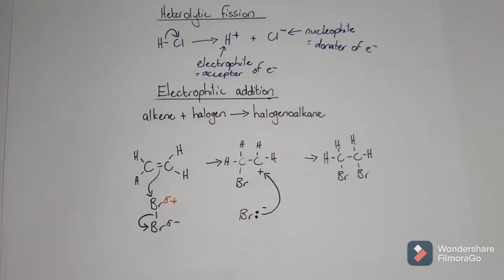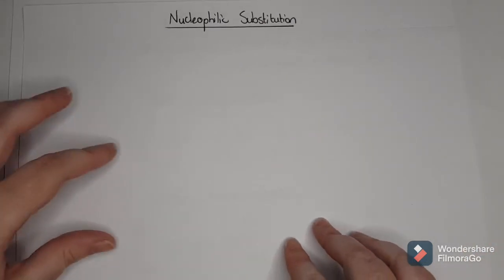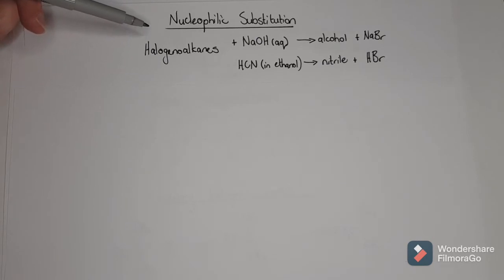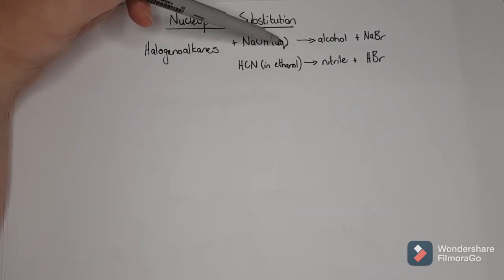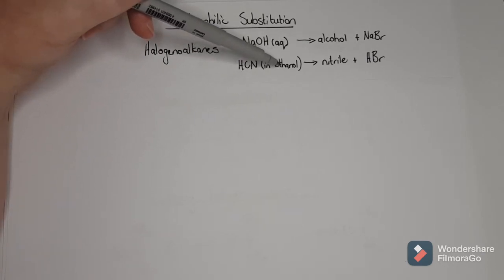The other heterolytic fission mechanisms we have is we can have nucleophilic substitution. So now substitution means I'm swapping one thing for another, and it follows our nucleophilic mechanism. So our examples of that is we will have halogen alkanes either with sodium hydroxide in solution or with our hydrogen cyanide in ethanol.